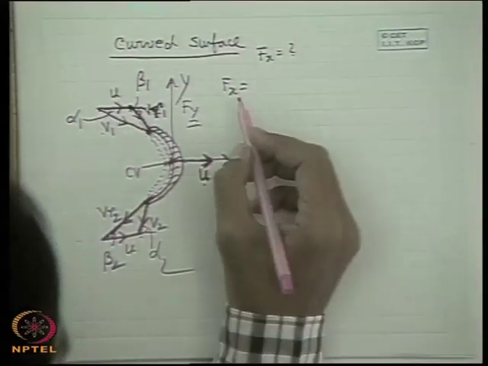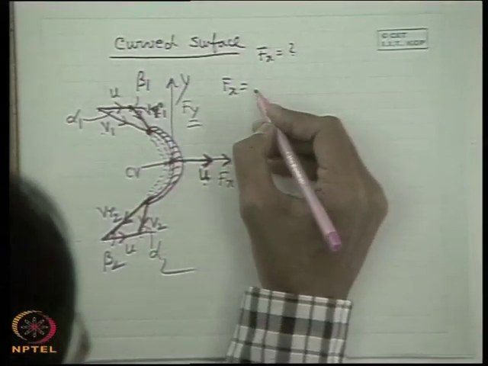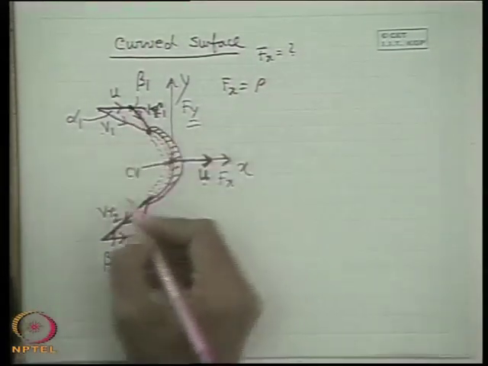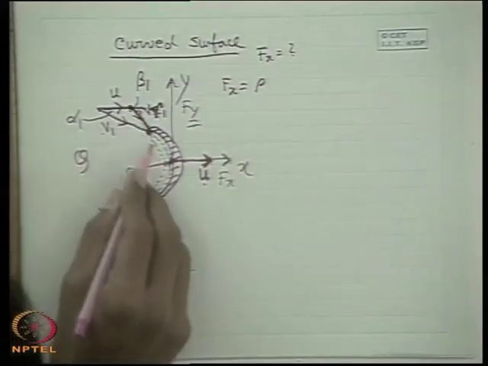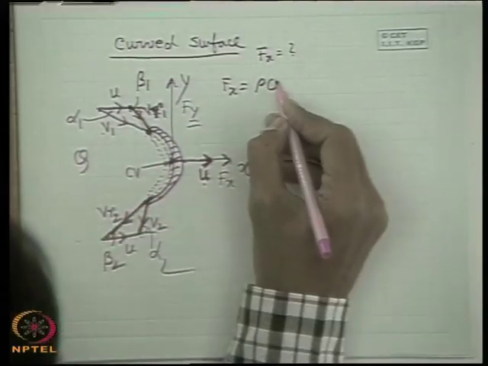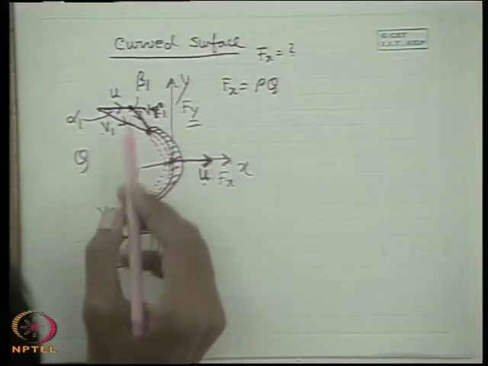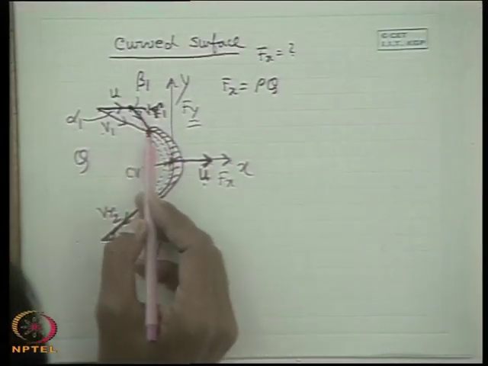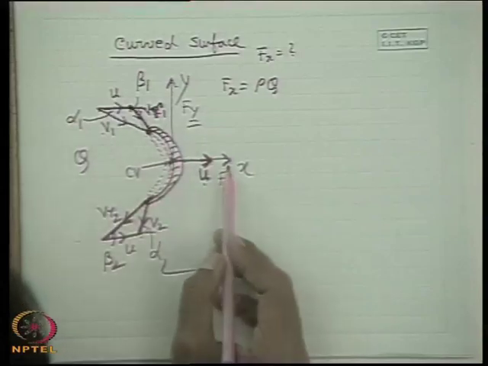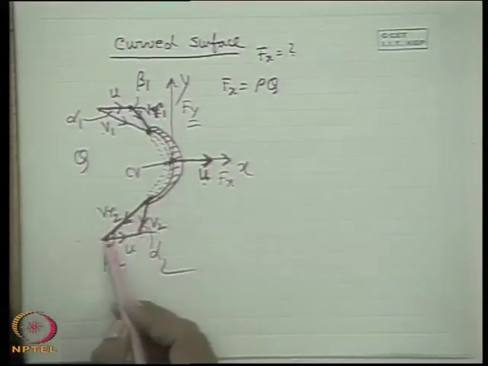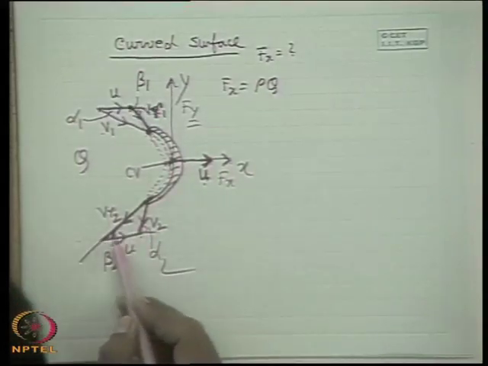Okay. So, now you tell me what will be Fx if the flow rate is Q, which is the same throughout. So, rho Q into, it is coming with what velocity? Vr1 cos beta 1. This is beta 2.